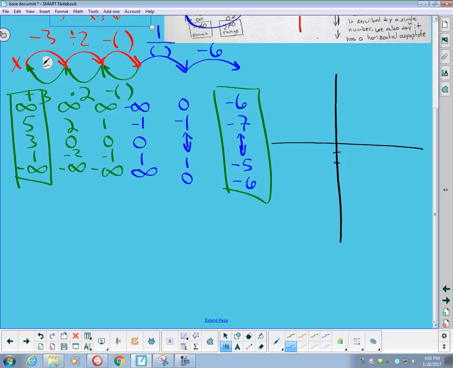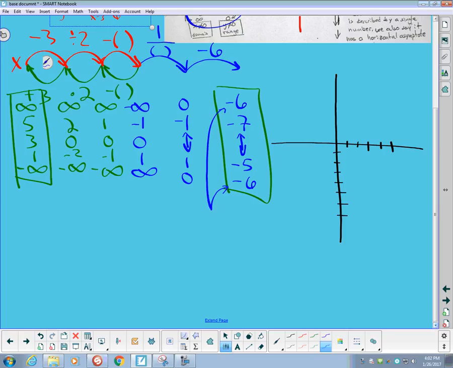So 1, 2, 3, 4, 5, 6, 7 should take care of it. Our inputs, 1, 2, 3, 4, 5 should take care of it. And so let's actually throw in our horizontal asymptote here, which we identify in our end behavior as negative 6.